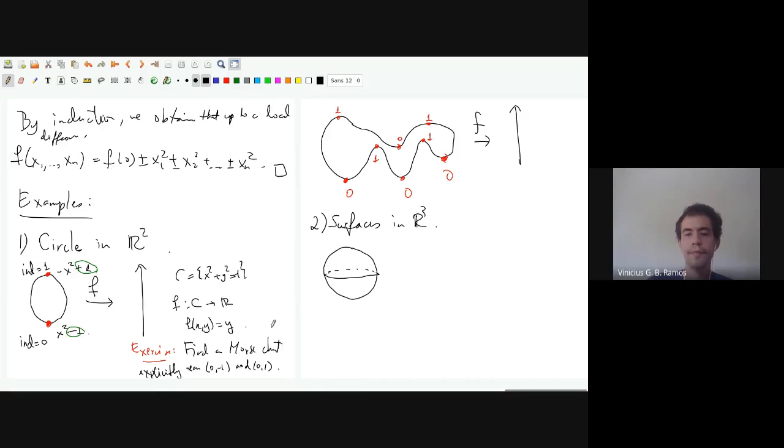Here it's clear that there are only 2 critical points. Over here, the function looks like x1 squared plus x2 squared. And here it looks like minus x1 squared minus x2 squared plus constant. The index of this critical point is 0 because I have no negative directions, and here I have two negative directions, so the index is 2.